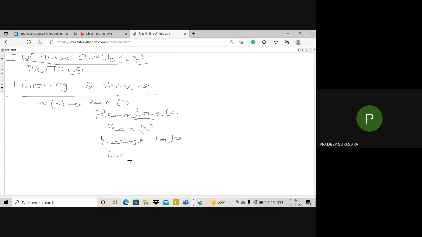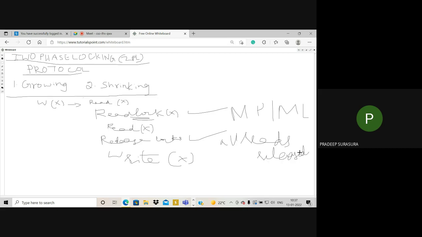All read locks must be released, or all locks must be released here.